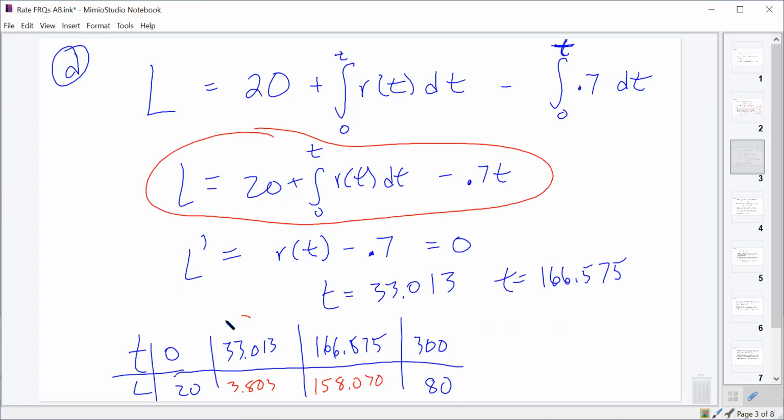And it's pretty clear that the minimum then must be 3.803 people. Well, actually, I think they wanted the nearest whole number, so 4 people at t equals 33.013 seconds.